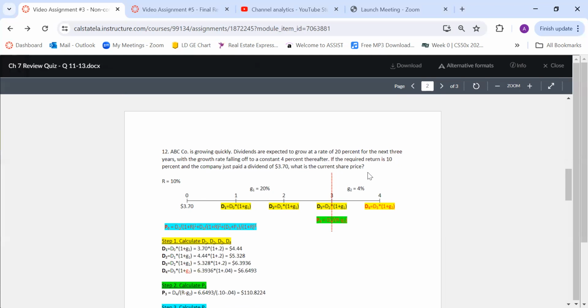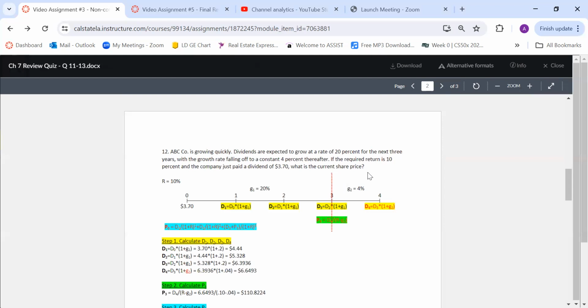To do that, we start by calculating D1, D2, D3, D4 on our timeline. We have all the information to do that. To calculate D1, we use D0 multiplied by 1 plus the growth rate. So 3.7 times 1.2 gives $4.44 at D1.